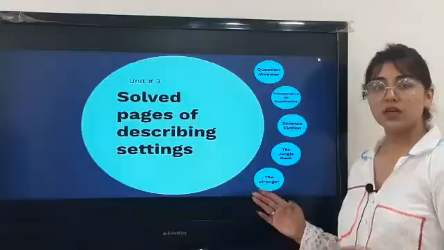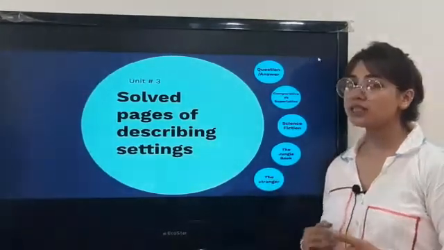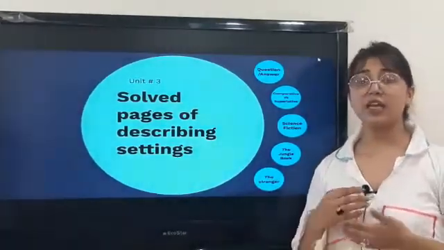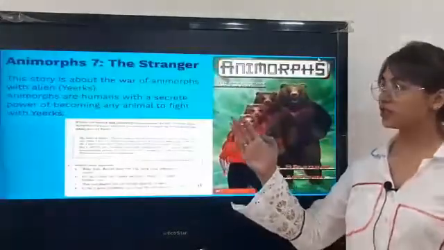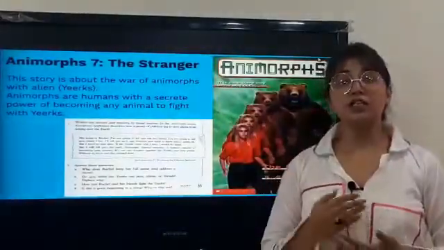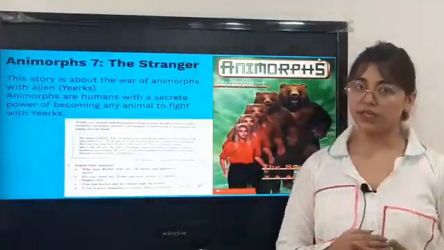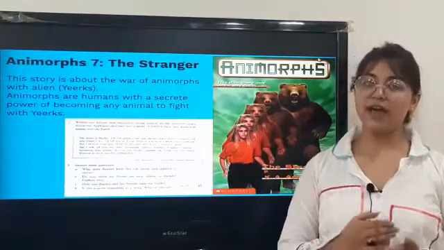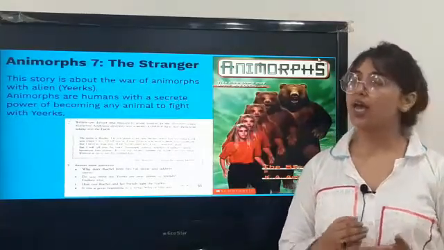Now moving towards our last fiction story, that is Animorphs, the Strangers. There are two main characters of this story. First is Animorph and second one is Yeerk.